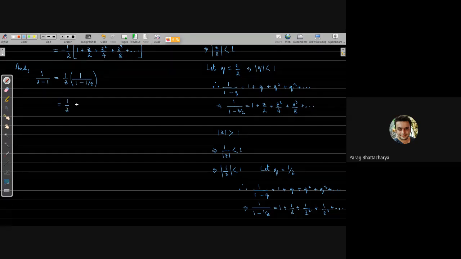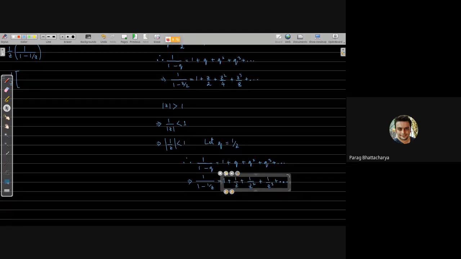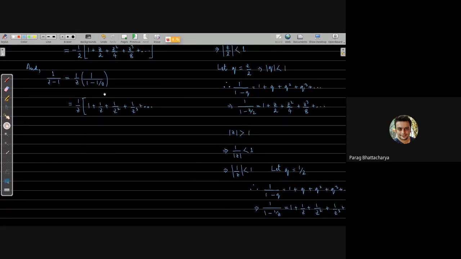the summation we have already computed. We get this here. But we cannot stop here because we need to multiply this 1 by z.